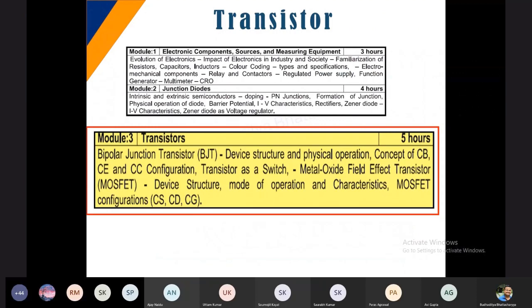All right. So we start off with the third module finally, and the module is called the transistors. We have done a thorough understanding of the electronic components.